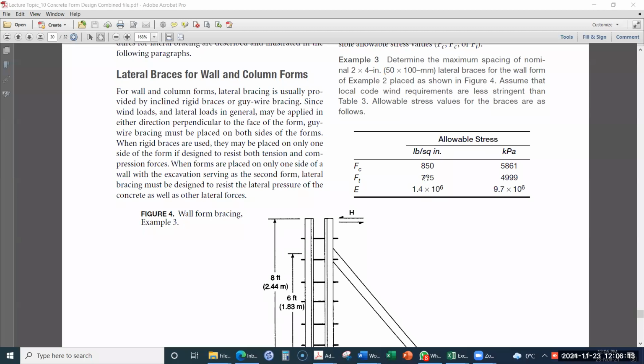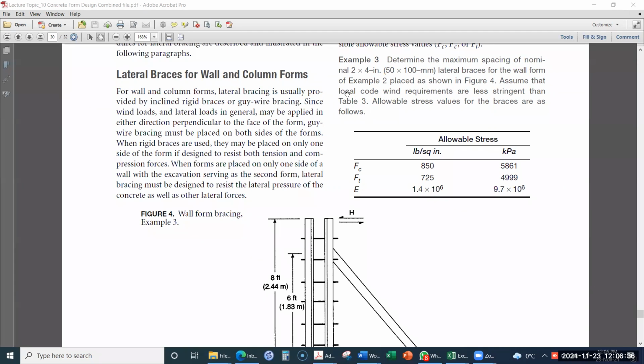As shown in this figure 4, assume that local code wind requirements are less stringent than table number 3. Which means that we will be using the requirements of table number 3. Table number 3 we looked at in our first lecture of this topic on concrete formwork.